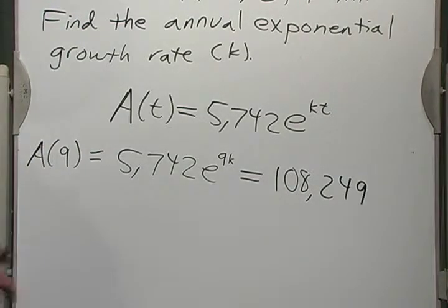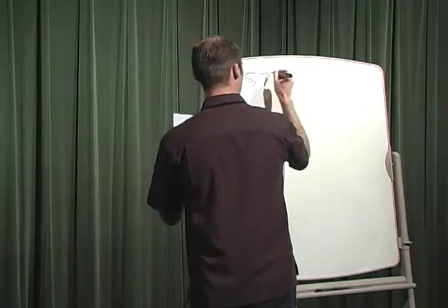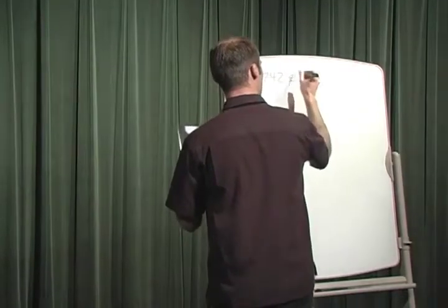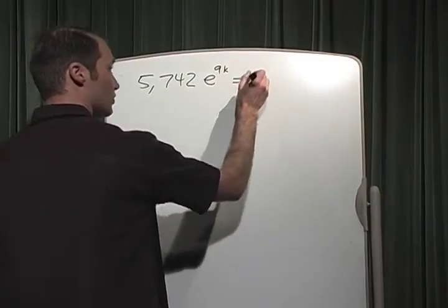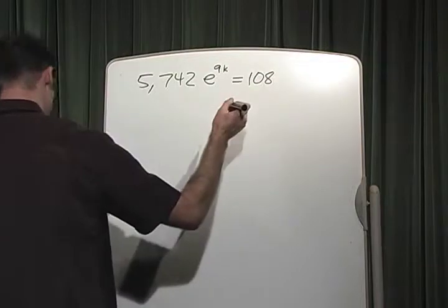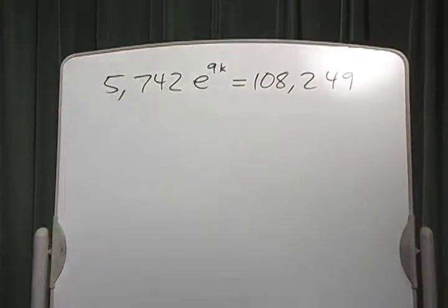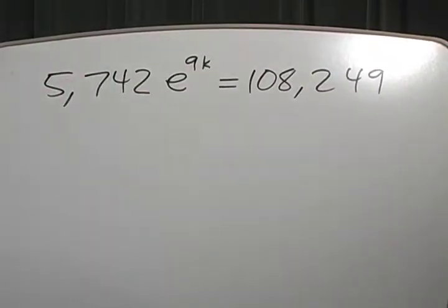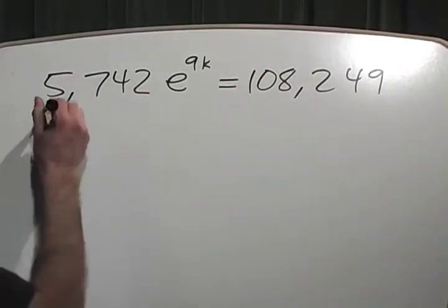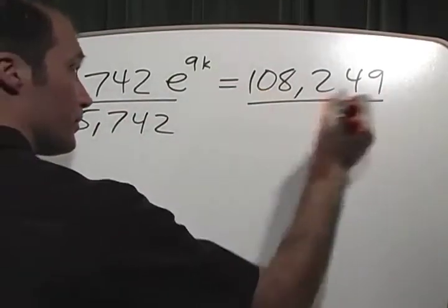Let me just go ahead and rewrite it: 5,742 times e to the 9k equals 108,249. Now, to solve for k, what I need to do first is to isolate this exponential expression. I need to divide both sides by 5,742.